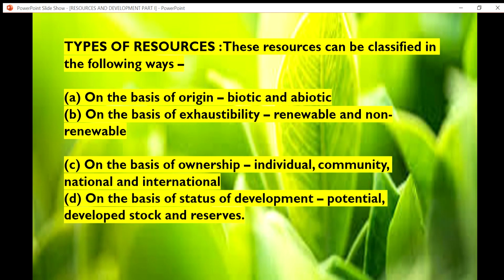On the basis of exhaustibility, they can be called renewable and non-renewable resources. On the basis of ownership, they can be termed as individual, community-owned, national, or international resources. On the basis of status of development, they can be potential, developed, stock, and reserves.